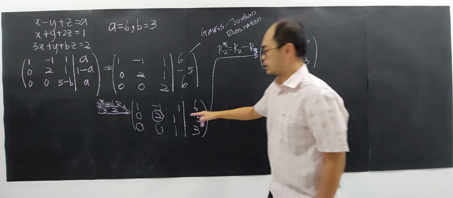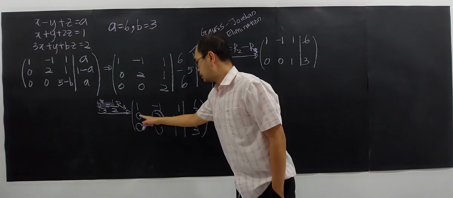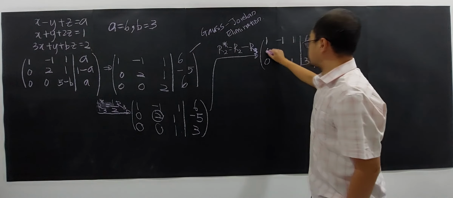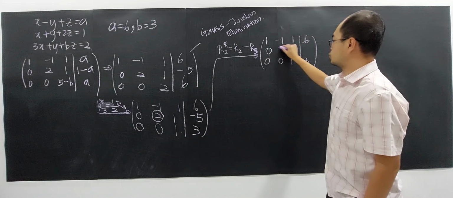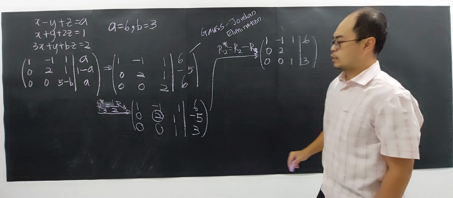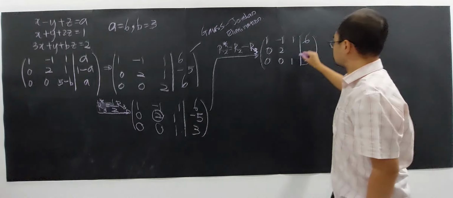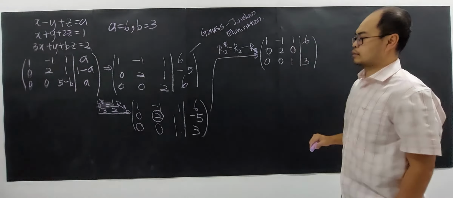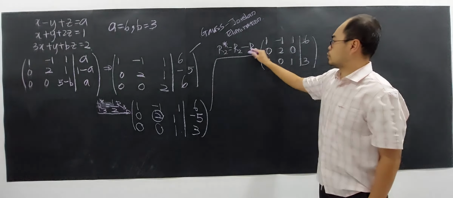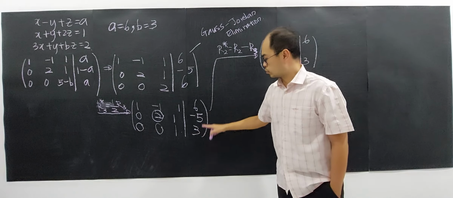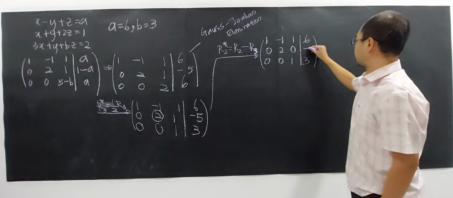Better to take 0 minus 0, which remains 0, and 2 minus 0, you get 2, and 1 minus 1, you get 0. Then negative 5 minus 3, row 2 minus row 3, you have negative 8.